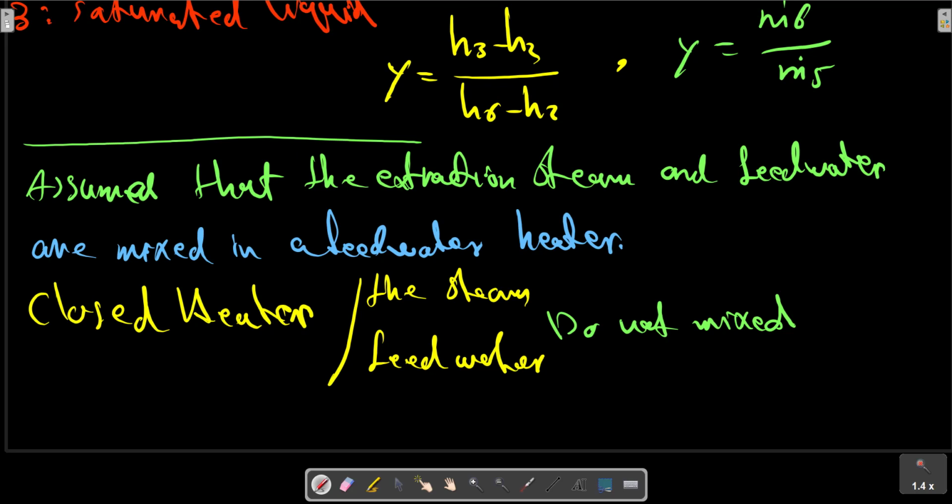Rather, heat is transferred from the extracted steam as it condenses on the outside of tubes, while the feed water flows through the tubes.